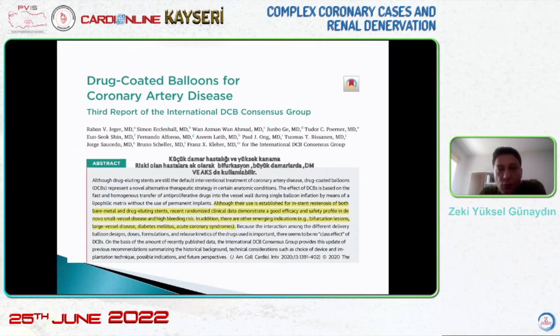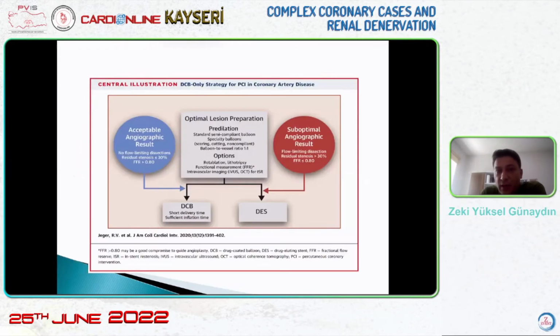And then a consensus report was published in 2020 by the European associations, and they say that for bifurcation, for large vessels, and in acute coronary syndrome, the drug-coated balloon can be used. And this consensus is really important, and the method is also described. The lesion must be prepared optimally, and predilatation must be done, and if necessary, scoring, cutting, and NC balloon dilatation can be used.